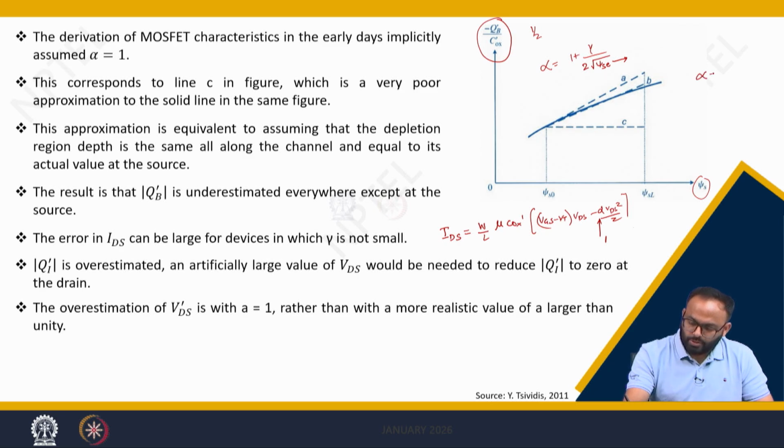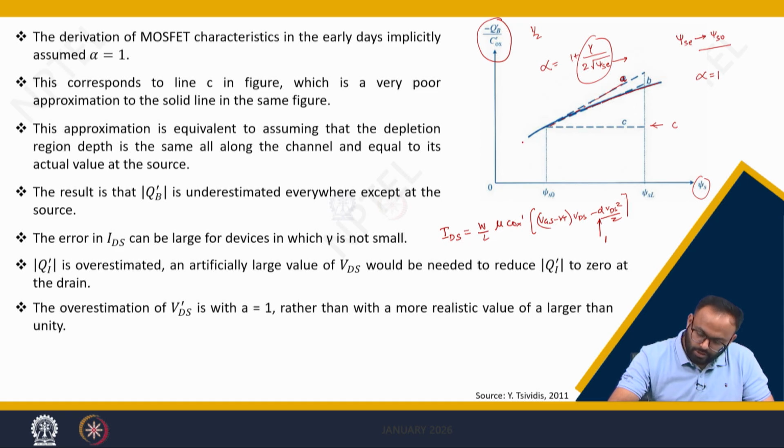If alpha equals 1, meaning this slope is 0, so this point can be represented by this line C. If psi SE equals psi S0, meaning the source reference model, then we are actually taking this point which is A, right, and we said that there is another approach which should be very close to capture this solid line, that is the line B, right. So ultimately alpha is nothing but the slope of these lines, which shows how precisely I am capturing the bulk charge.